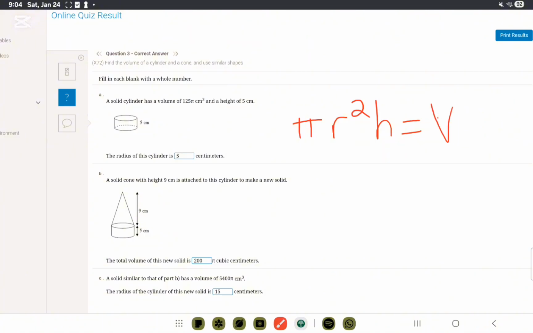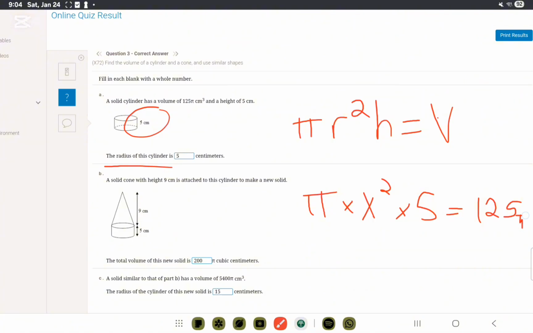Now we don't have the radius, so it's going to be pi times x squared times h, which is 5, equal to 125 pi. To save you some time, on your calculator you can just cancel pi. So it's going to be x squared times 5 equals 125. So you get 5. That's our radius.